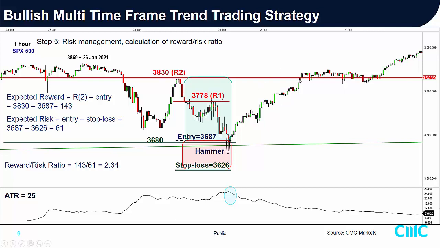Once it hits the R2 level, because we already calculated the reward risk ratio, which gives us 2.34, a very good reward risk ratio trading setup, we should take all of our position, close our position, take some money off the table, and reevaluate this scenario again before establishing a new trading position. That should probably be how a disciplined trader works.